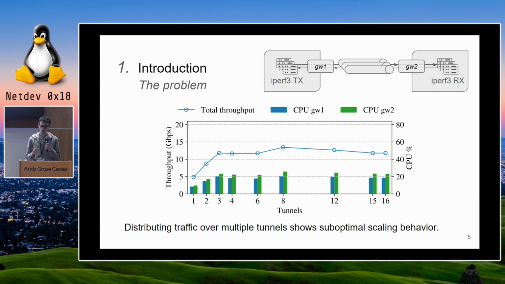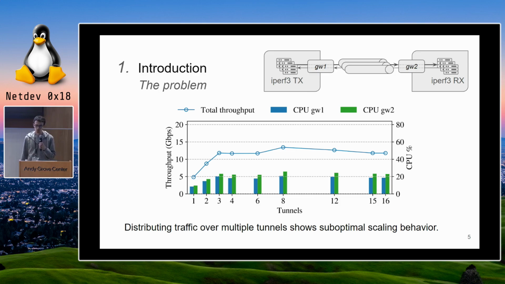So there was a one-to-one mapping between TCP flows and WireGuard tunnels. However, performance only really scales somewhat linearly for the first 2 or 3 tunnels and flows, and it bottoms out at 12 to 13 gigabit per second.